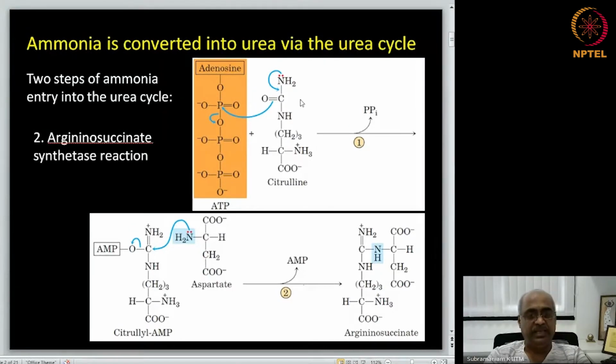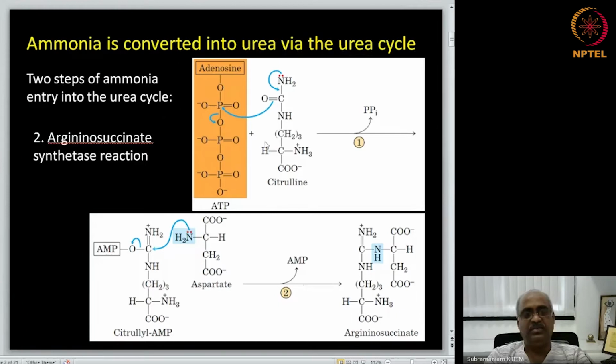This is activated by combining with AMP, adenosine monophosphate, through a reaction catalyzed by argininosuccinate synthetase. The product is arginine plus succinic acid combined, therefore it is called argininosuccinic acid.